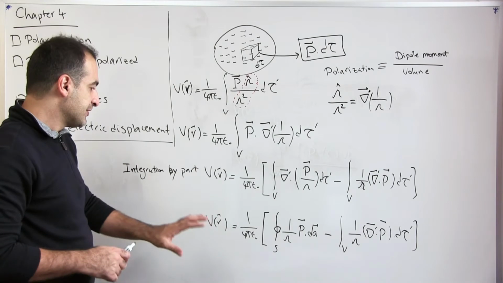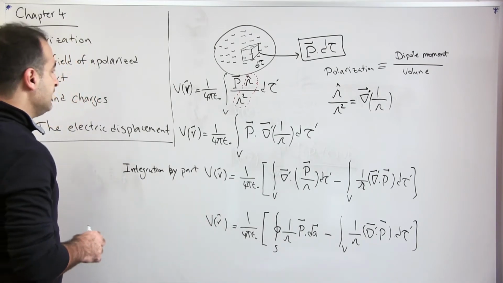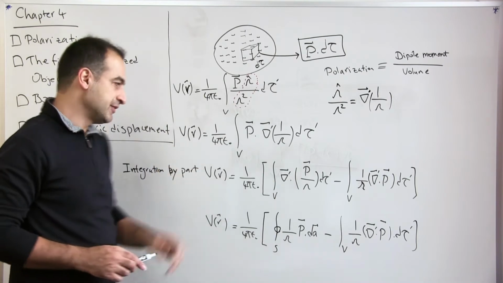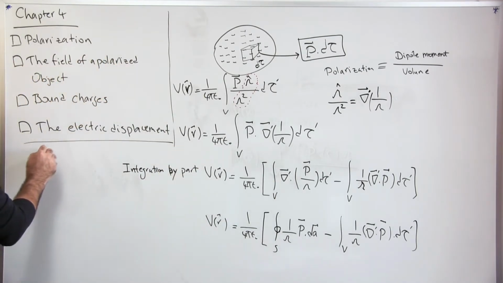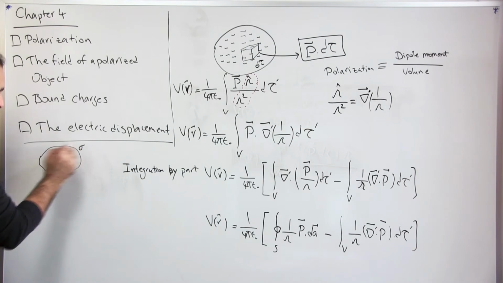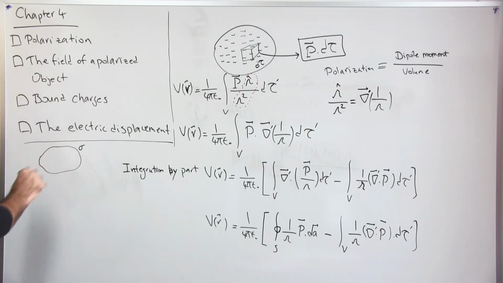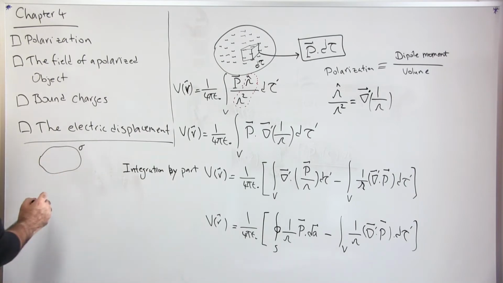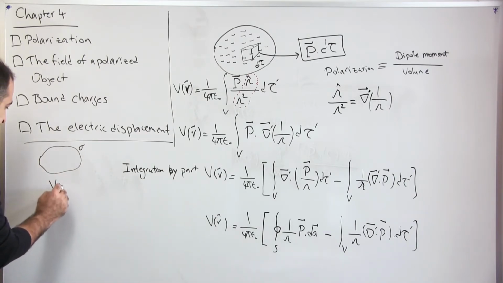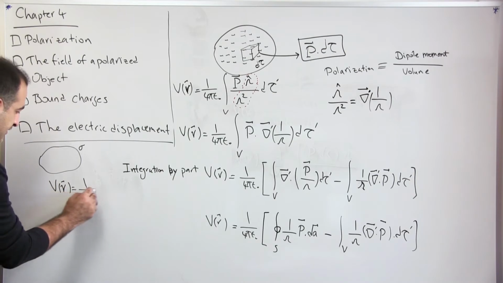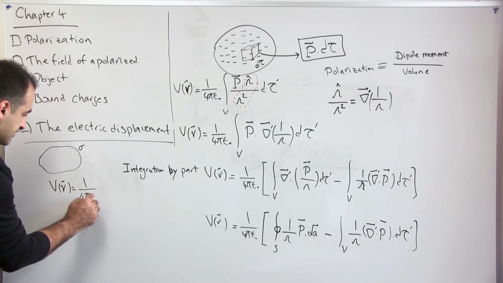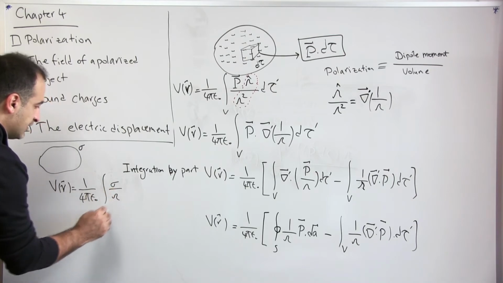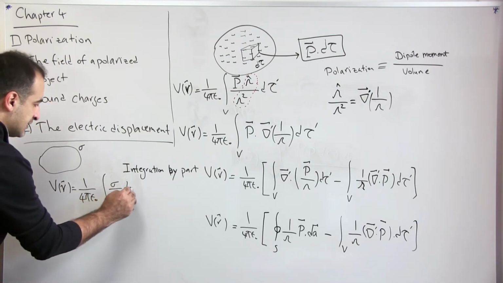If you remember, for any potential created by a surface charge, if you have a shell with surface charge density and you wanted to calculate the potential created by it, we could integrate, and the integral would look something like this: 1 over 4 pi epsilon 0, integral of sigma over r times dA.